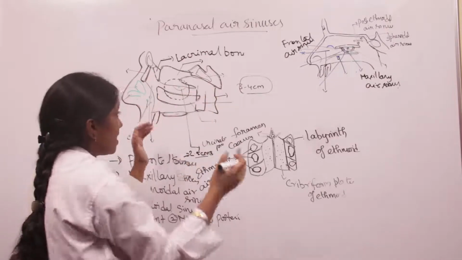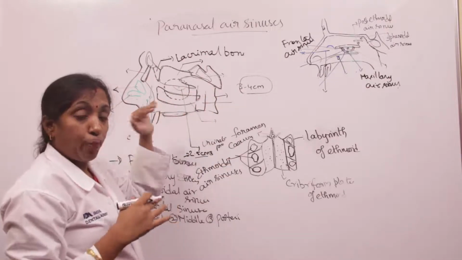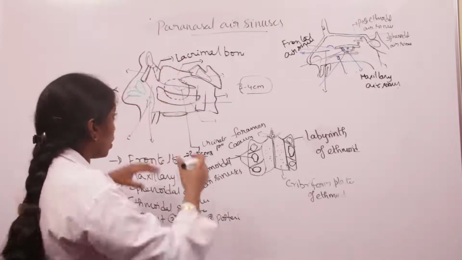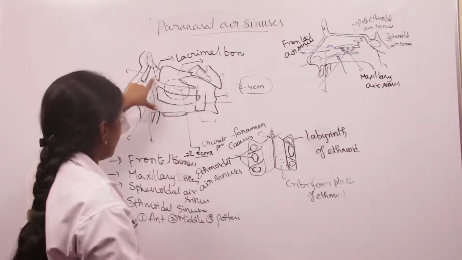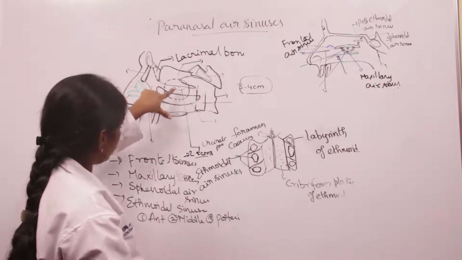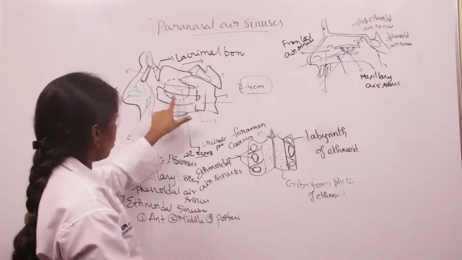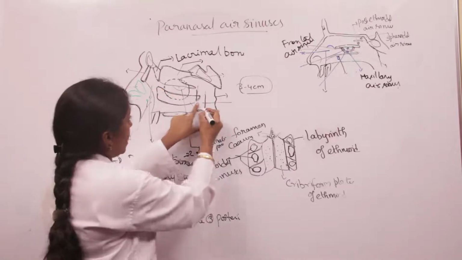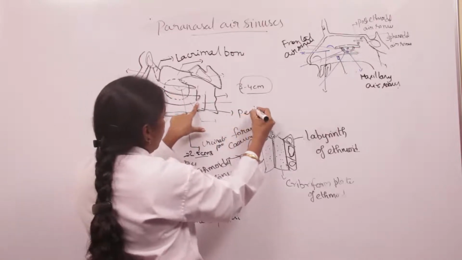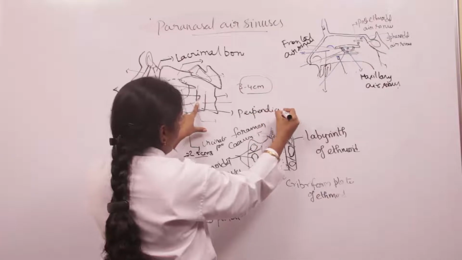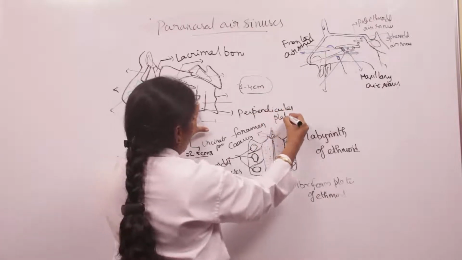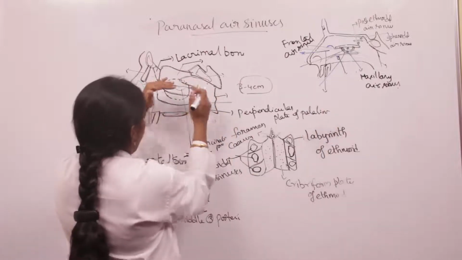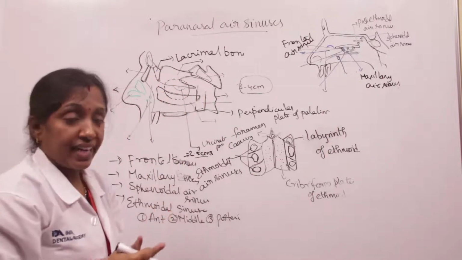These bones decrease the size of the opening of the maxillary air sinus.